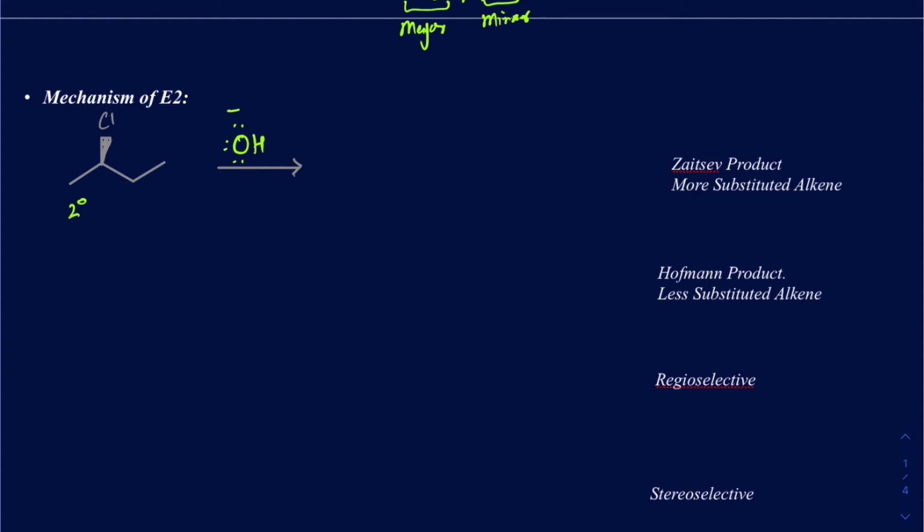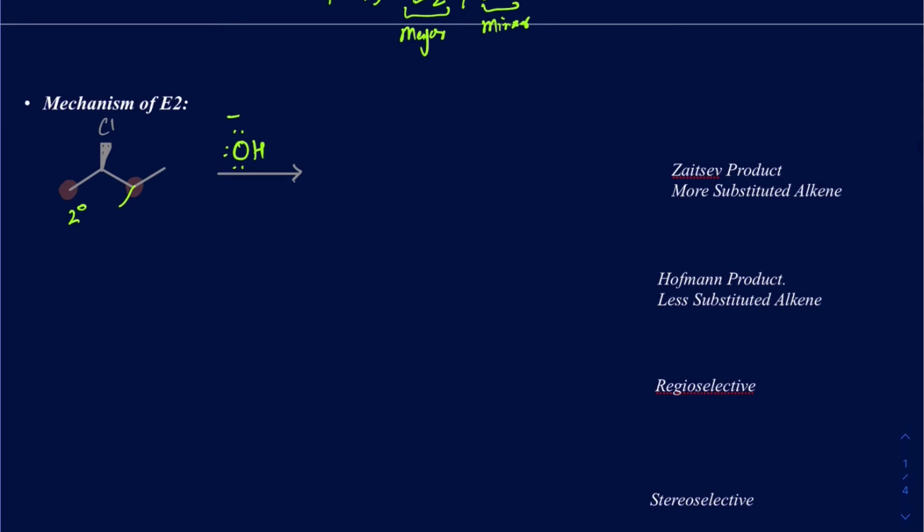Let's focus on how many beta protons you've got. I've got a beta carbon on the right side, and a beta carbon on the left side. So I'm looking at a proton right there, two protons right there, and I can go ahead and change the color there. And I've got 3 protons on the left side.